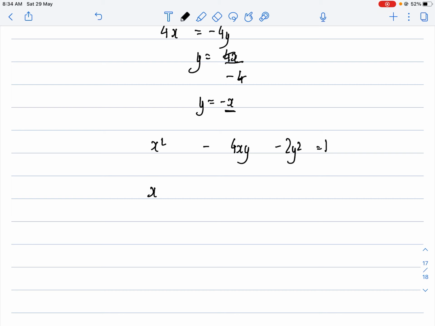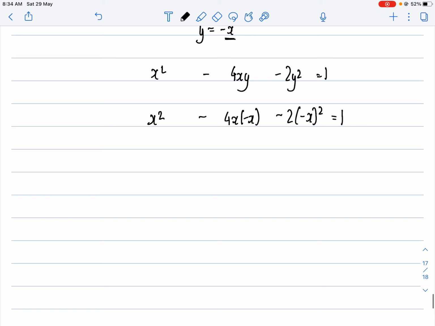So I can write this as x square minus 4x into minus x minus 2 into minus x, the whole square, equals 1. So I can write this as x square plus 4x square minus 2x square equals 1.